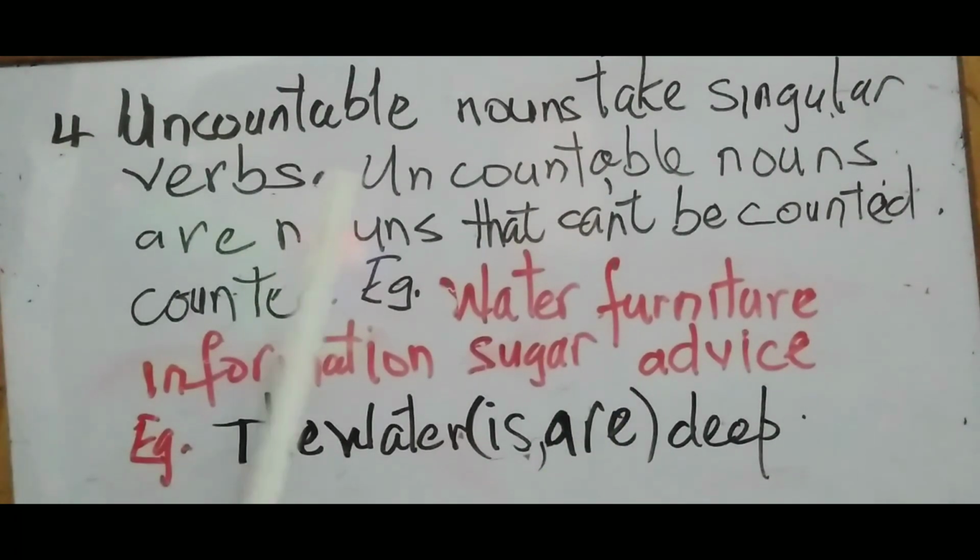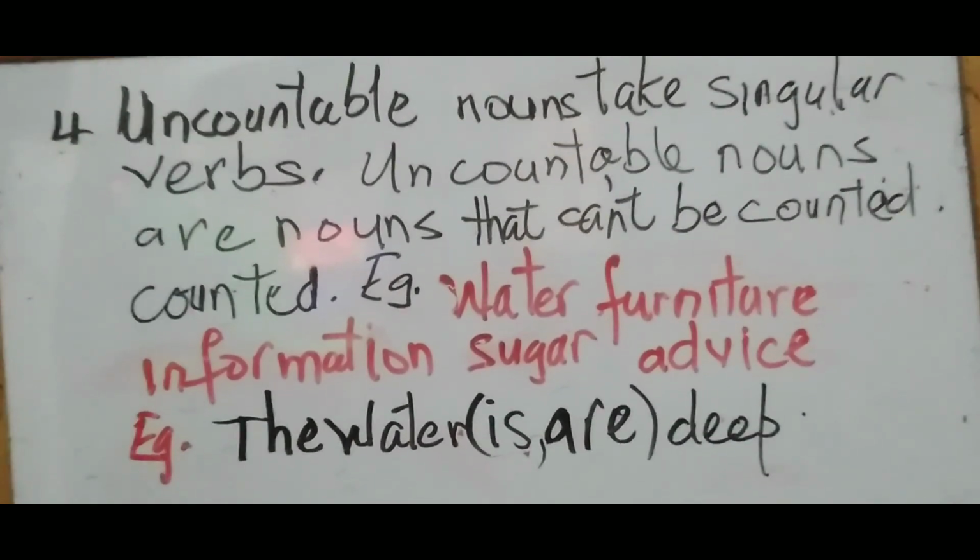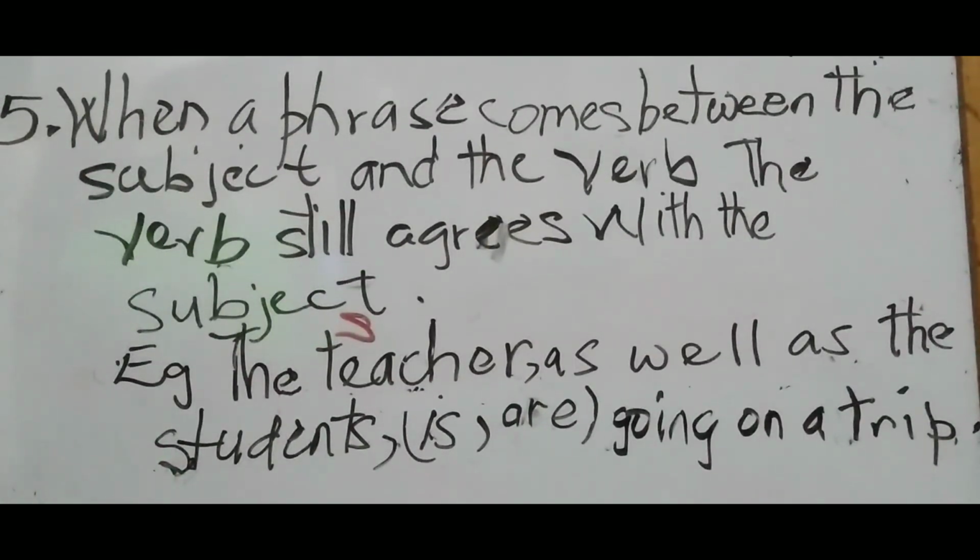All right, so that's another rule that you must know. So let's move on to another one. Yes. Let's look at this final rule. It says when a phrase comes between the subject and the verb, the verb still agrees with the subject. Let's read it again.